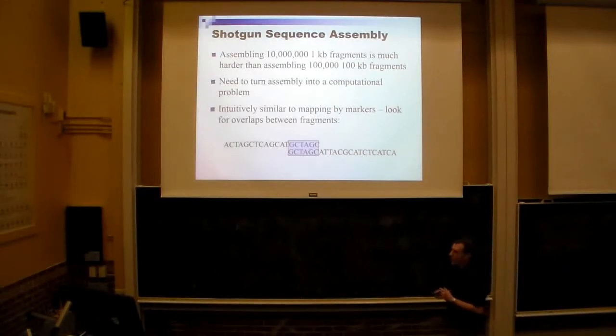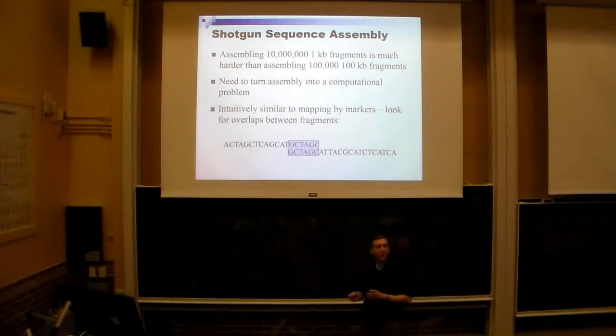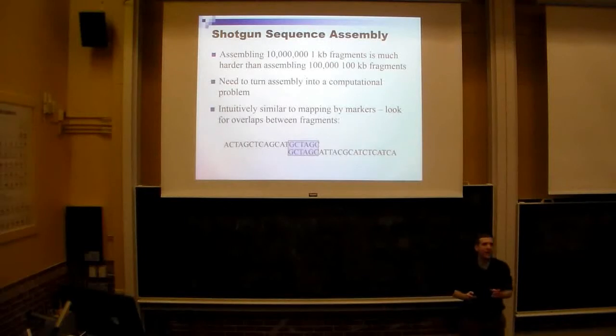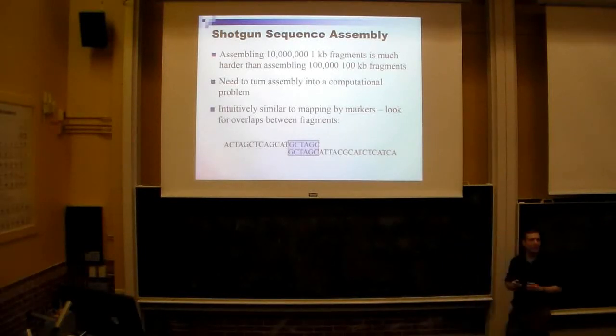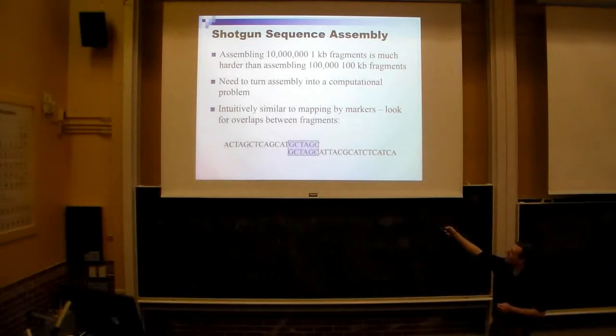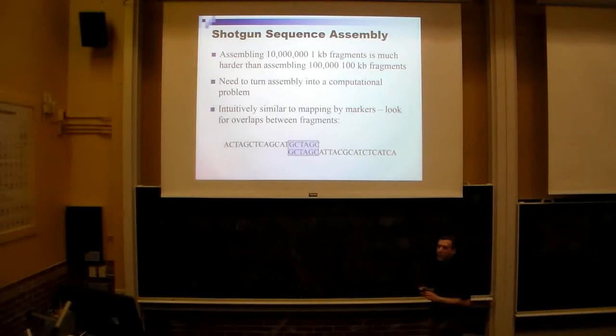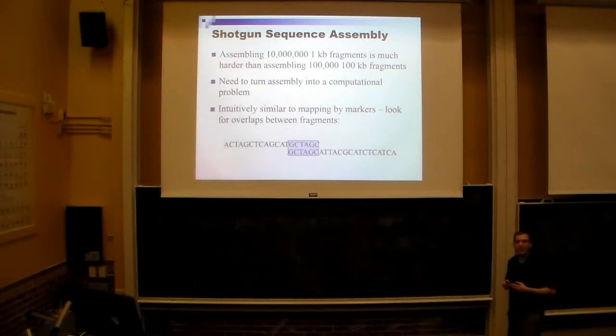I mention this in part because it's interesting to know how the computation works, and it's actually useful if you want to understand some of the problems that occur in genome sequences. So some of the things you can't necessarily trust when you see a genome sequence online. It's also, I think, historically interesting for learning about computational biology, because this was one of the really big successes of computational biology in the history of biology.